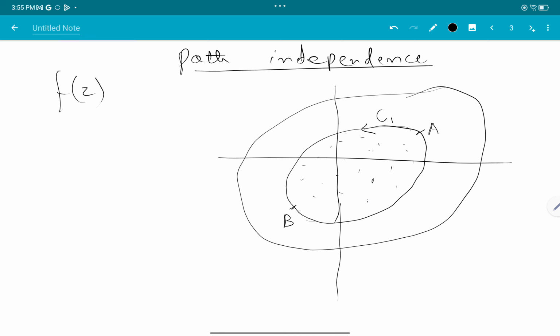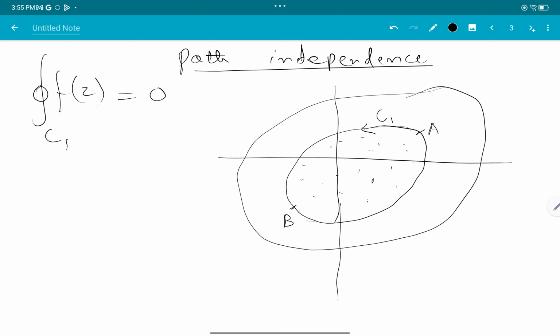So if it is analytic on the path as well as inside it, then the loop integral of f(z) over this path is equal to 0. Over the path C1, I have called it C1.